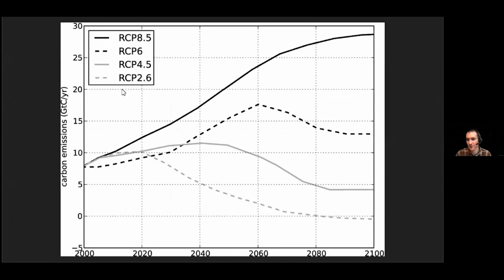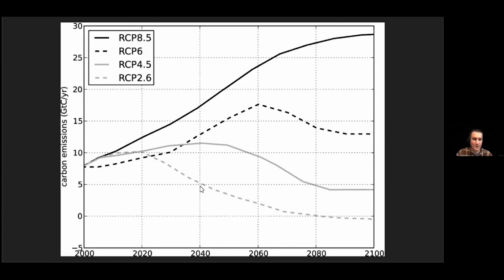RCP stands for Representative Concentration Pathway. And then the numbers have to do with the amount of energy that's been added in watts per square meter within the atmosphere. The lower the number, like the RCP 2.6, that's a scenario that's assuming slower population growth and a more rapid conversion toward renewable sources of energy.